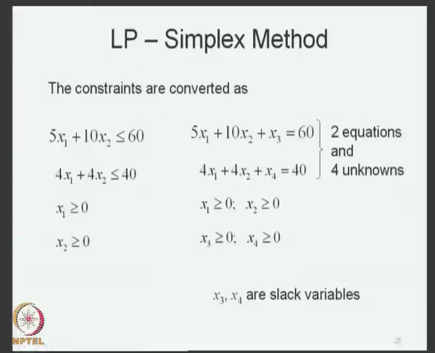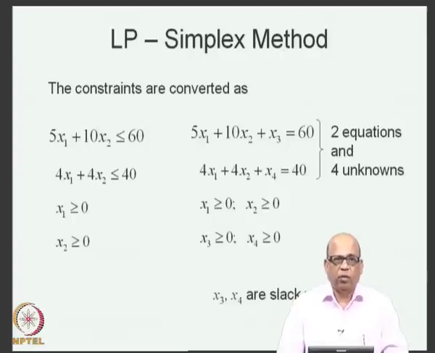So, from this we start looking at the motivation for the simplex algorithm and introduce what are called basic solutions, basic feasible solutions, basic variables, non-basic variables and so on, and that leads to an algorithmic way of solving the LP problems. We will continue the discussion in the next class.